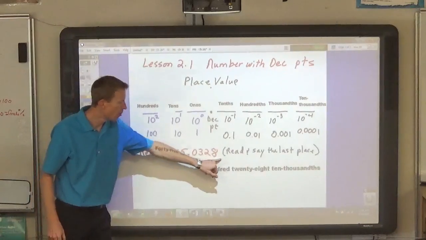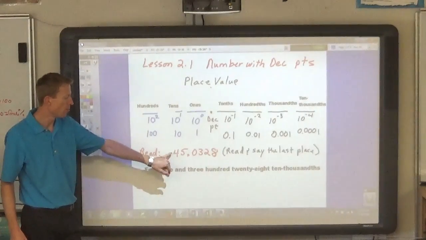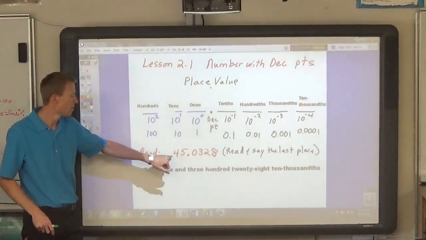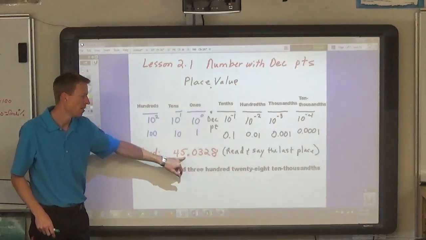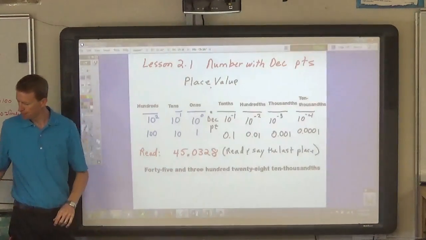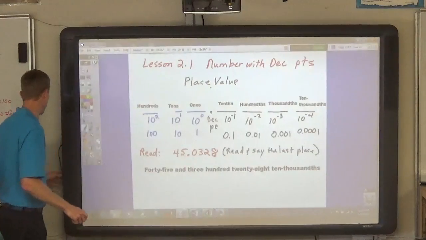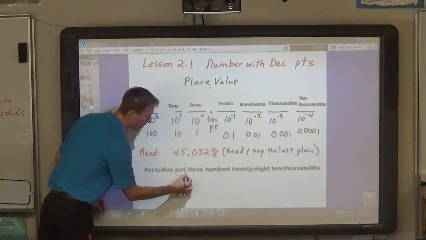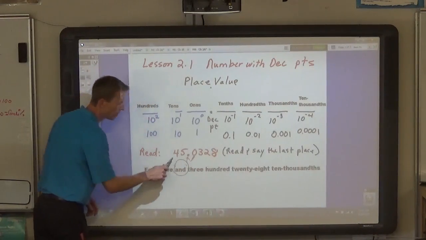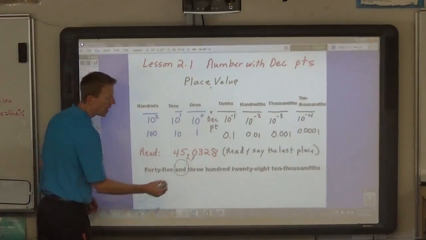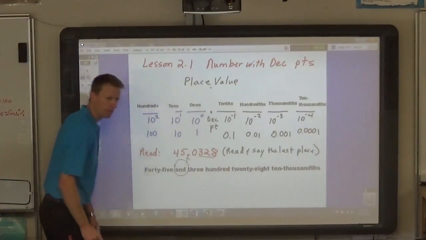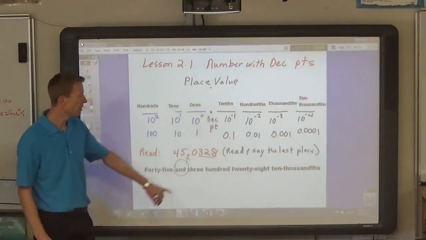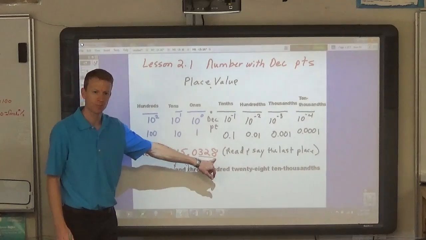Now, when you're reading numbers with decimal points, you read them very similar to the way that we read whole numbers. 45, but we say the word "and" whenever we come to the decimal point. So this is 45 and then you read the number 328, or whatever the number is, and then say the digit of the last place.